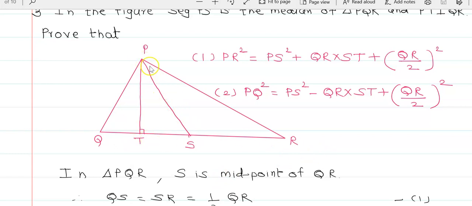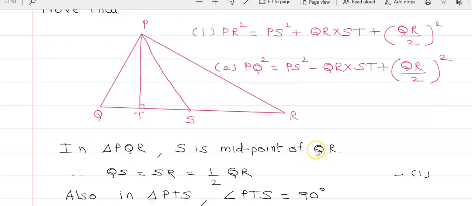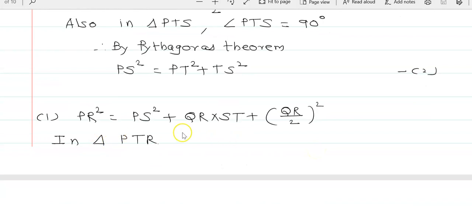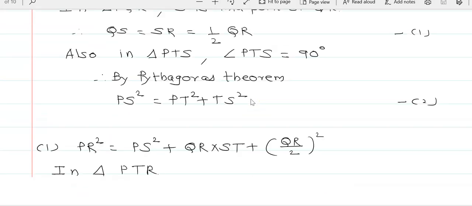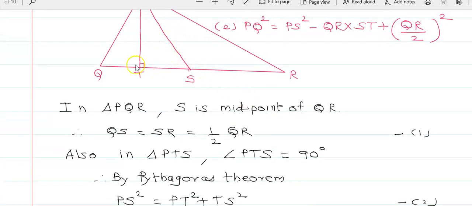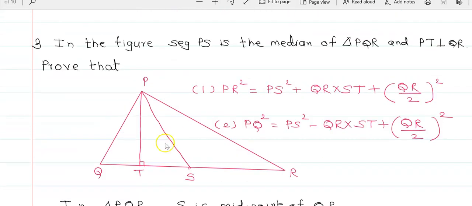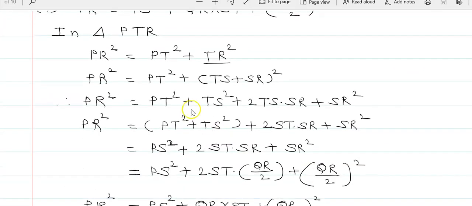In this right angle triangle, PR square is equal to PT square plus TR square. But what is TR? TR is TS plus SR. See this here.